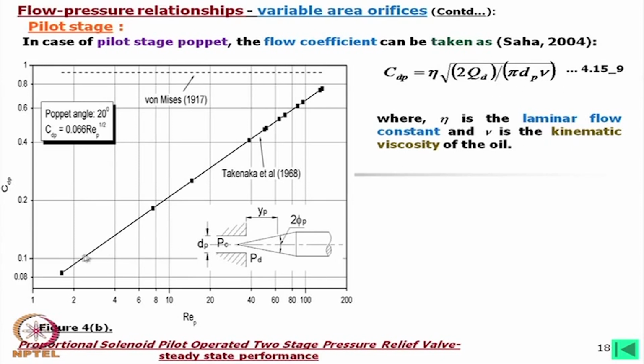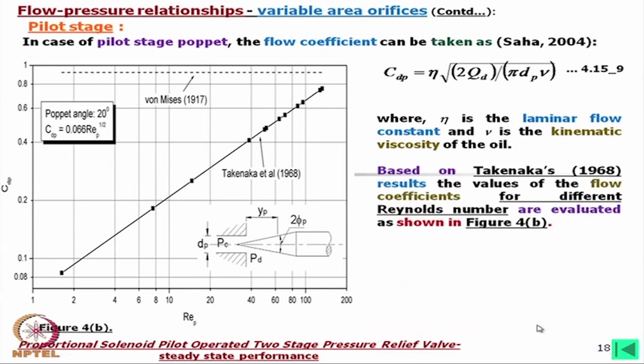But in this case, as you see, for the pilot stage this curve is different from the main stage. In this case this angle is very low. However, this is also experimentally found to be suitable for this proportional valve. So this is definitely dependent on the Reynolds number and this angle.